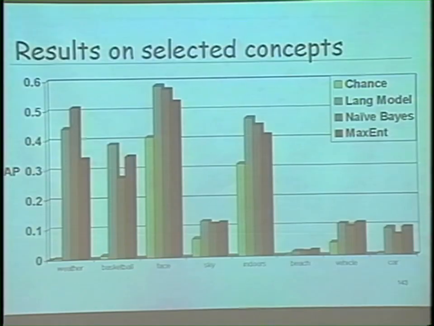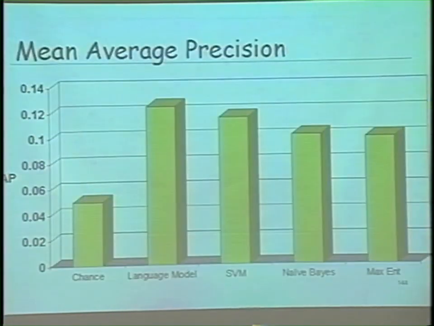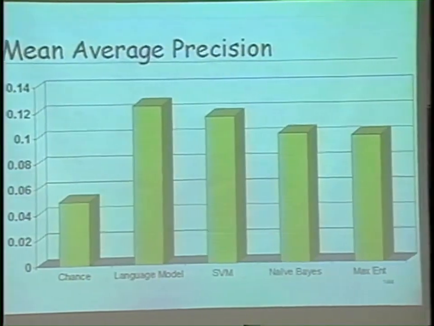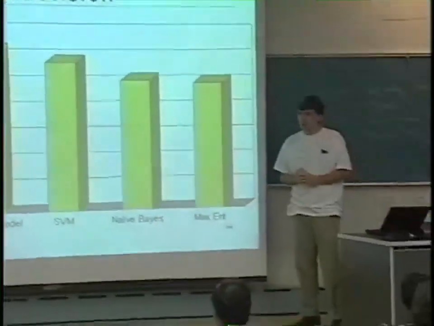This is encouraging, and here's our mean average precision for three of our systems versus chance, and you'll notice that they're roughly comparable to the vision systems. Chance is so good because you're also ruling out the negative examples. Chance is good because the concept distribution is really weird. Faces occur in, I think, about 50% of the data.